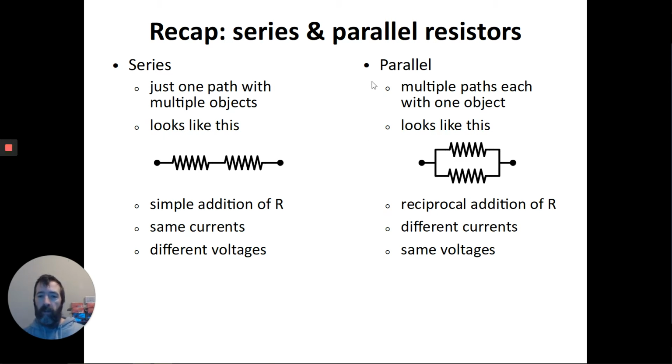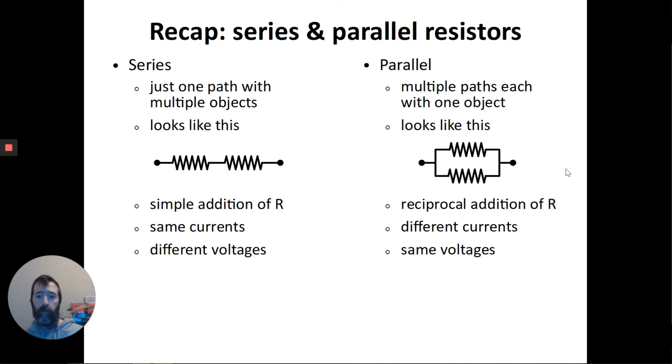And then in contrast, we have a parallel combination. Parallel arrangements provide multiple pathways, alternate paths. So that looks more like this. If you start on the left and you want to get to the right, you can either go up or you can go down. There's no way for you to travel through both of them to get from one side to the other.